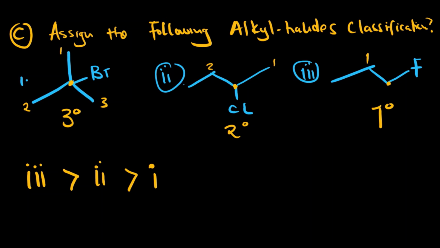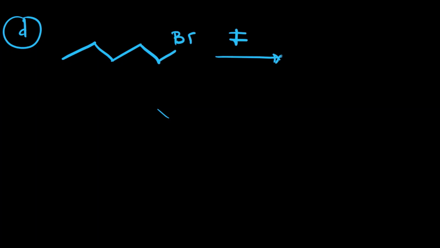Let's look at the last example. So D. So what is the reaction that is going to take place from this? So you have a primary alkyl halide there reacting with ethoxide. All right, and say I put DMSO here.